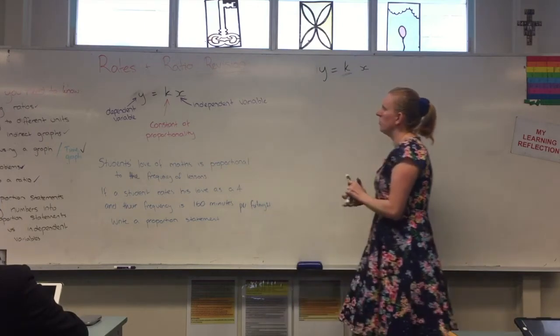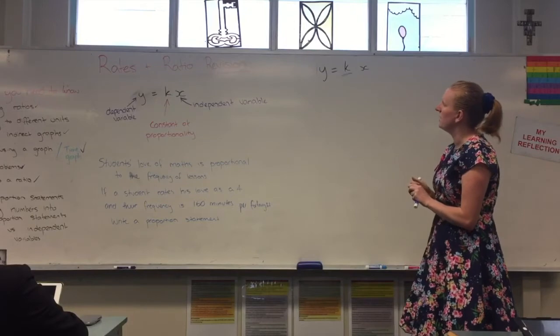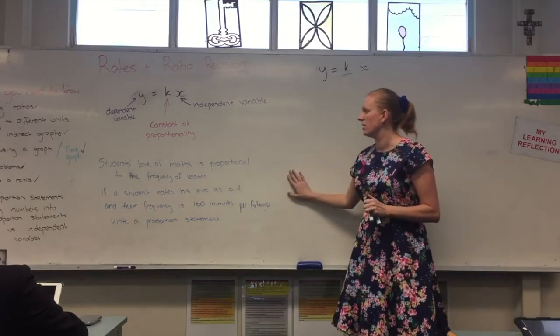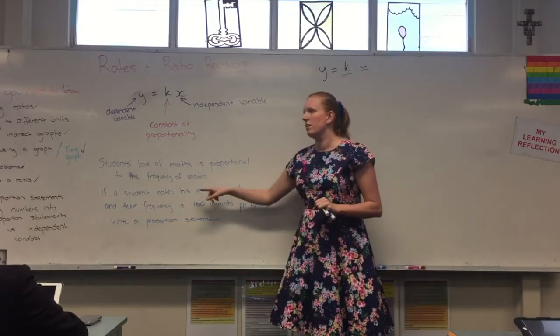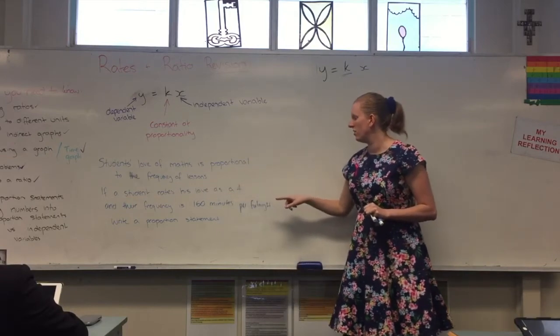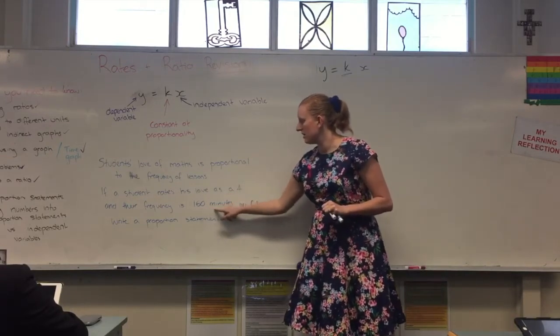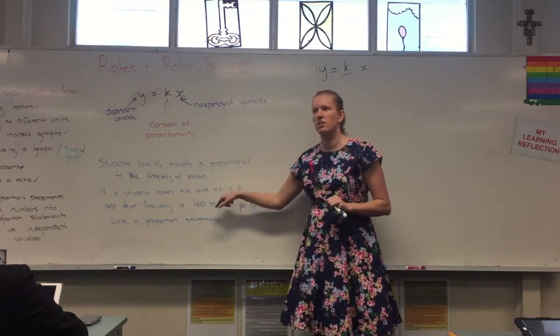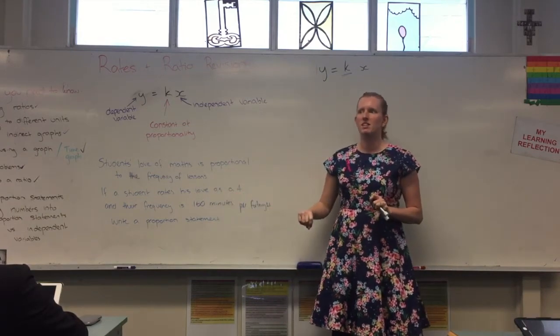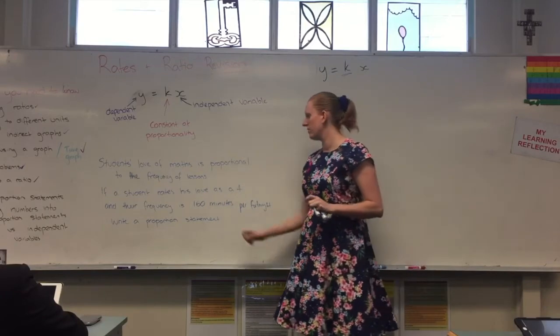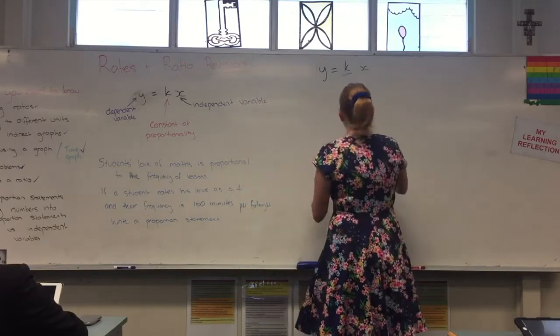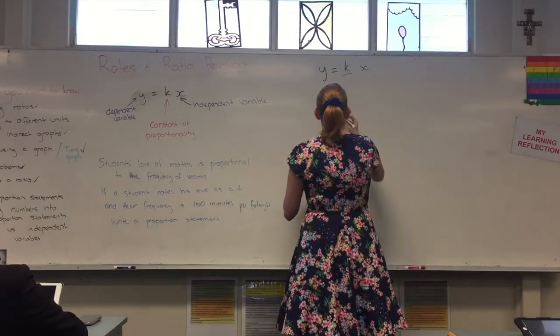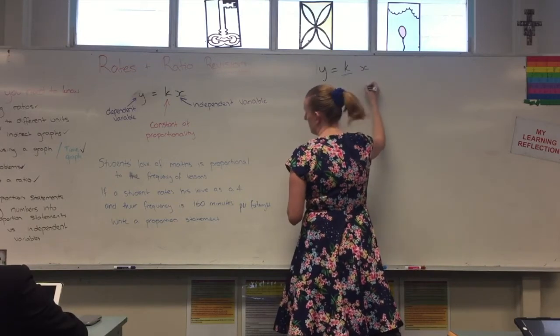So, what would be the independent thing here? Does their love depend on the frequency that they're there, or does the frequency that they're there depend on the love that they have for the subject? Awesome. Time. So frequency would be our x. So what letter shall we call that?